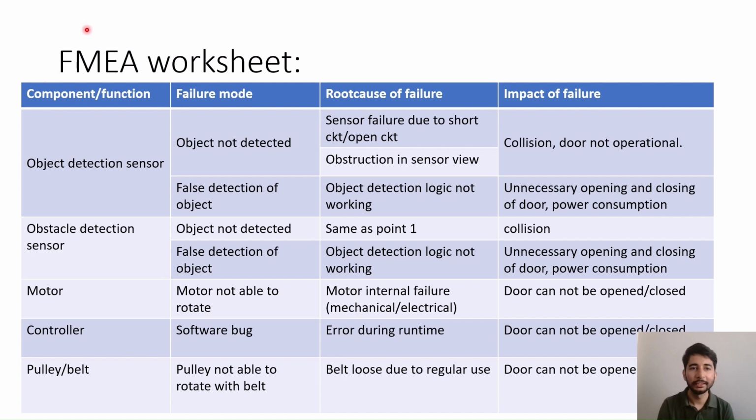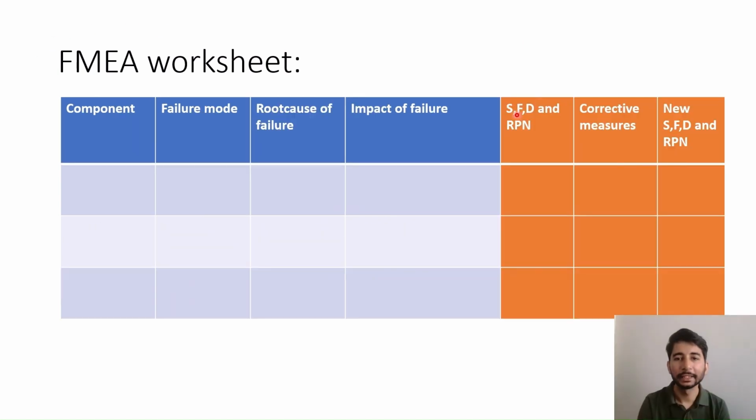So after completing the first part, we will move to the second part, that is the severity, frequency, and detection for all these identified failure modes in the RPN calculation. We will check if this SFT and RPN are acceptable or if any countermeasure is needed. And if a countermeasure is needed, we will apply the countermeasures.